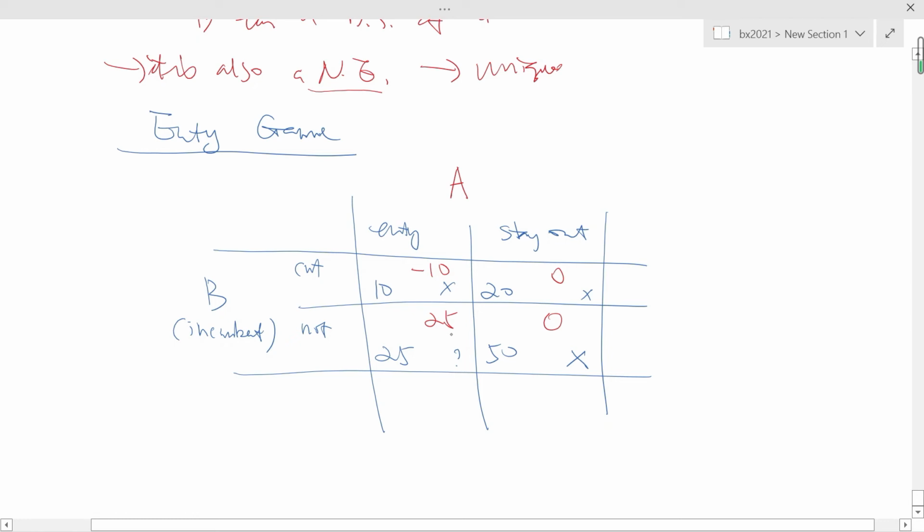No, deviation will decrease the payoff from 25 to 0. So indeed, this is a Nash equilibrium. So not cutting price and entry is the unique Nash equilibrium in this entry game.